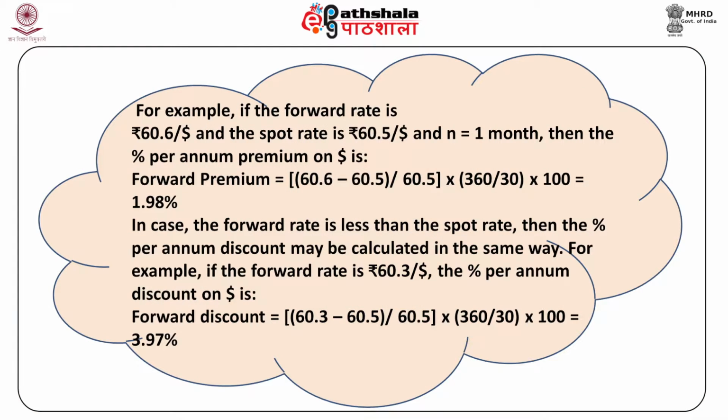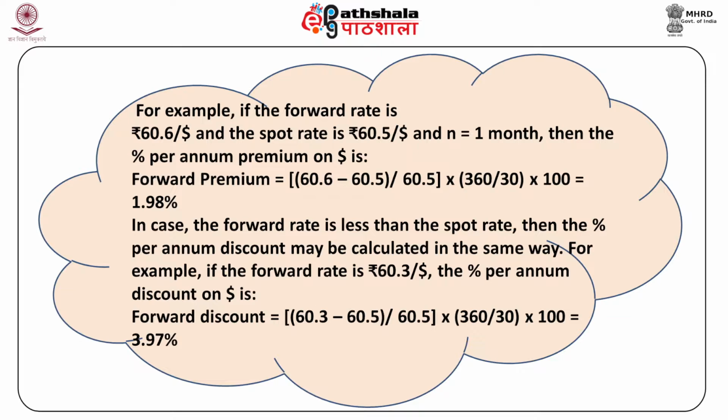For example, if the forward rate is rupees 60.6 per dollar and the spot rate is 60.5 per dollar and n is equal to 1 month, then the percentage per annum premium on dollar is: forward premium is equal to [(60.6 minus 60.5) divided by 60.5] multiplied by 360 divided by 30, multiplied by 100.